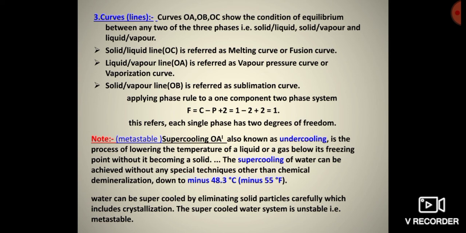Supercooling, also known as undercooling, is the process of lowering the temperature of a liquid or a gas below its freezing point without it becoming a solid. The supercooling of water can be achieved without any special techniques other than chemical demineralization, down to minus 48.3 degrees centigrade or minus 50.5 degrees centigrade. That is, water can be supercooled by carefully eliminating solid particles, which induce crystallization.